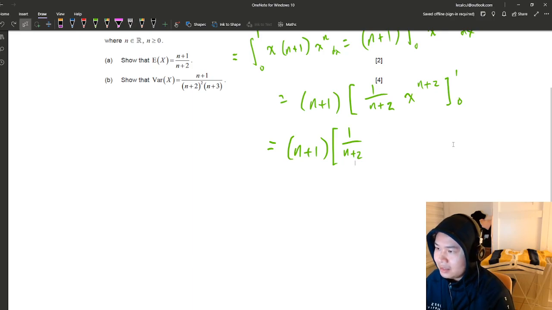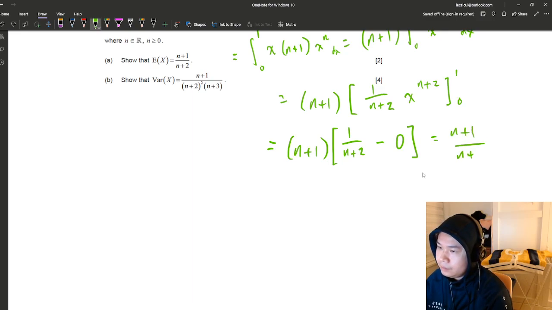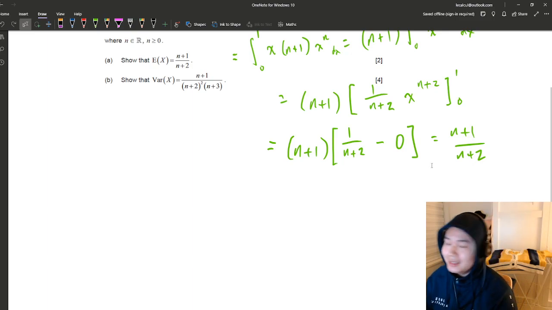If you plug in 1 for x, your first term is just going to be the 1 over n plus 2. Plug in 0, second term 0, multiply this in, there you go, easy.